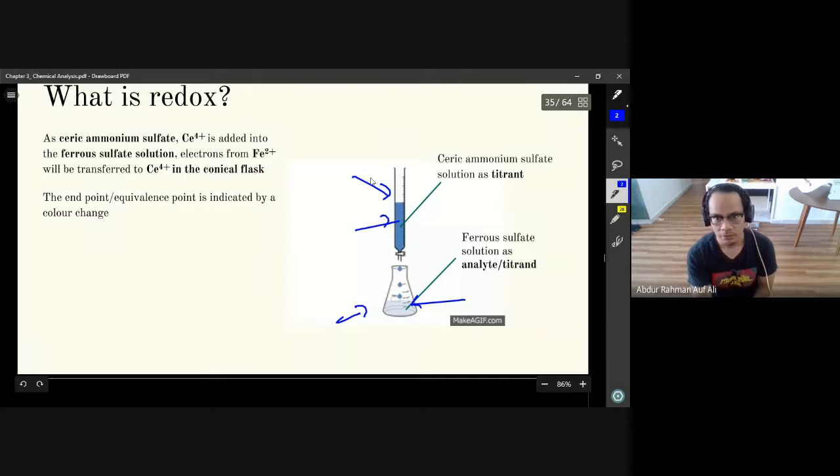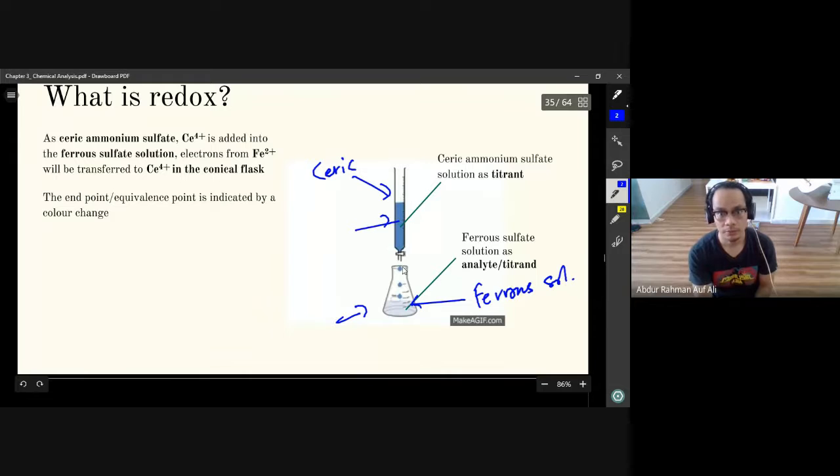Okay, so this is the setup if we want to do redox titration of ceric ammonium sulfate with the ferrous sulfate solution earlier. So this is our ceric and this is our ferrous solution.